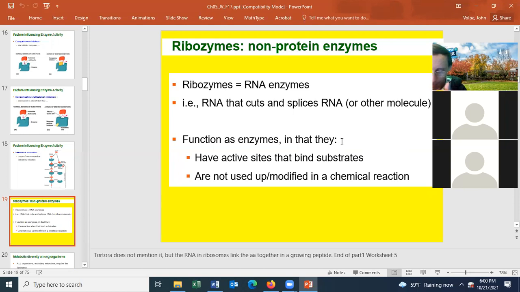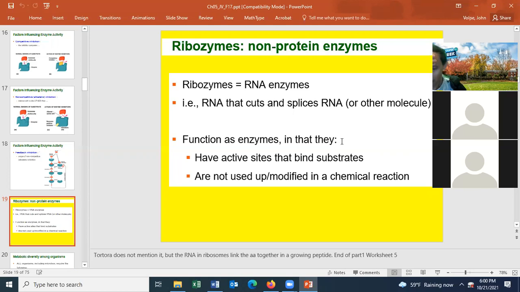The molecule which takes the amino acid that is brought by tRNA to the growing polypeptide chain to make an enzyme is linked together by the ribosome.